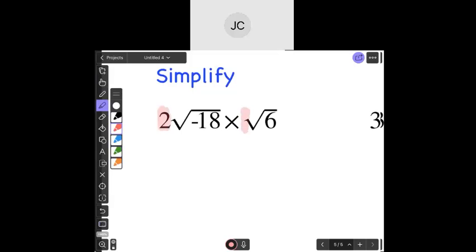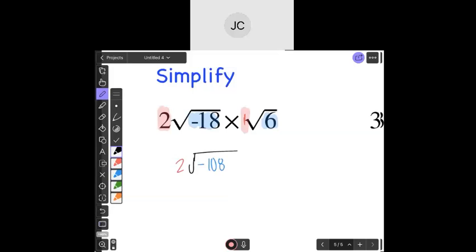And then I have my inside numbers. So the 18 and the 6 need to multiply. 2 times 1, of course, would just be 2. And I have my radical. 18 times 6 is, what, 108? So this would be negative 108.